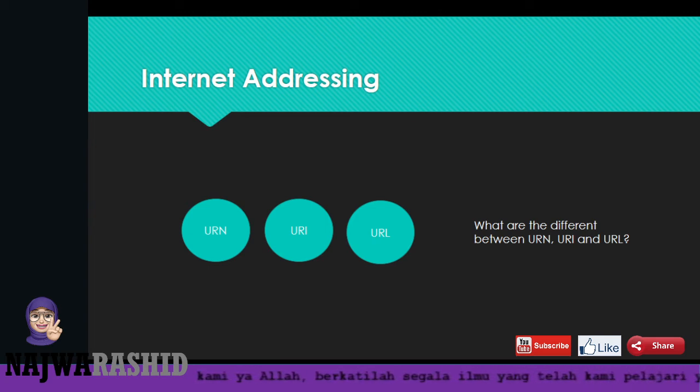URL, subset of the URI. URI is a string of characters that is used to identify a name or resources on the internet. URL finds the location on the internet. URN is an identifier to identify the resource by a unique persistent name.